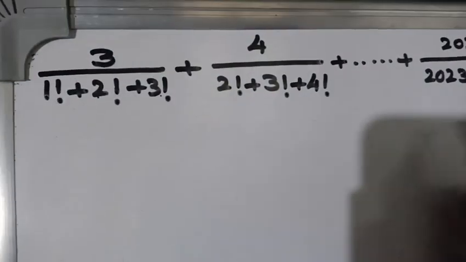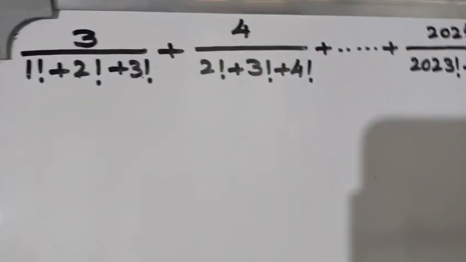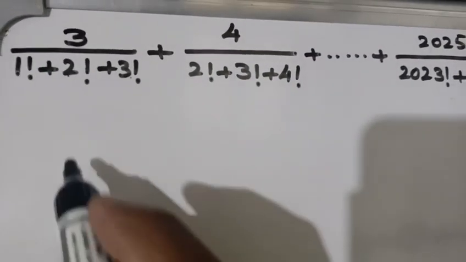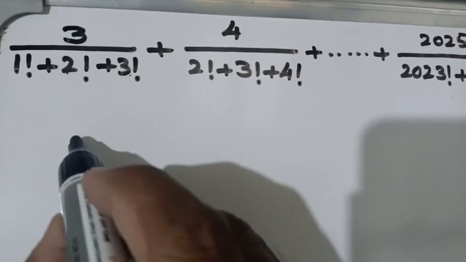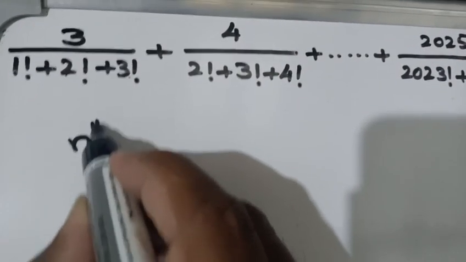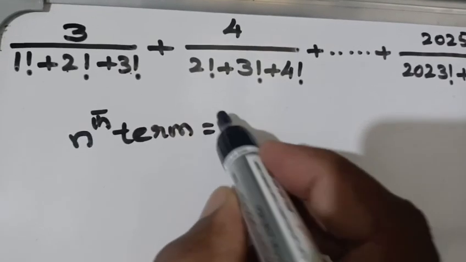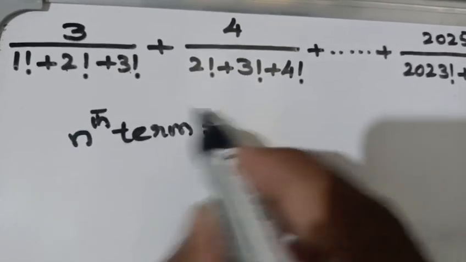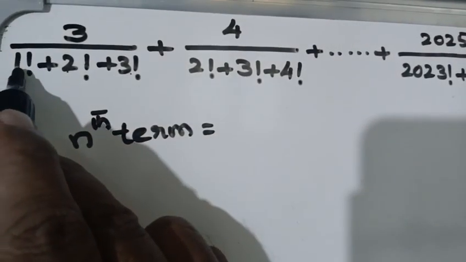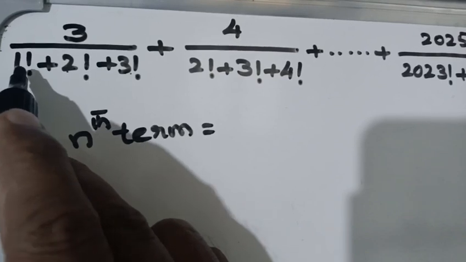So that means this expression is the nth term of the series. The nth term of this is in the denominator. I have to start with this. It is easy for me to make assumptions.